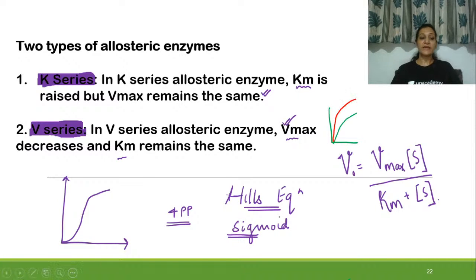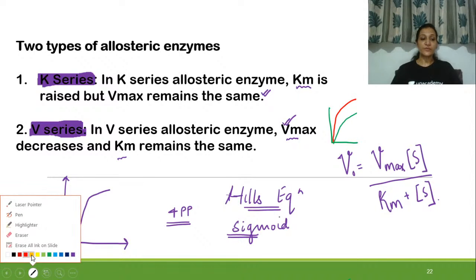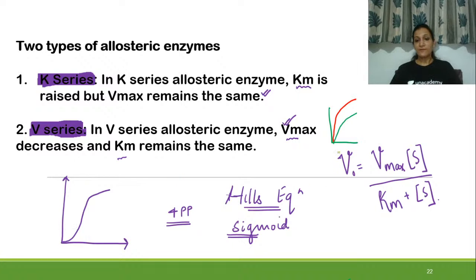So it will become like this, and if there is a negative regulator, the graph will become like this. In all of these cases there is no effect on the Km value, but your Vmax is changing. And if we draw a graph for K series, how will it be different? It will be like this.